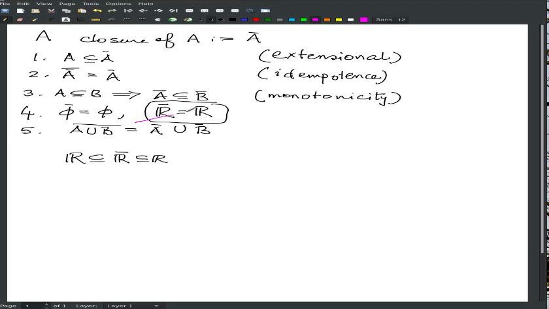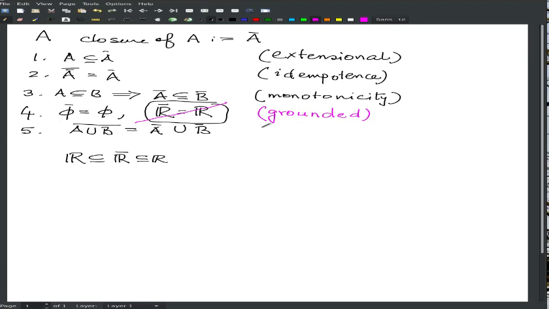It follows from extensionality. This one is something which is special, and it is called the grounded property. Means the ground, the smallest one, is preserved.